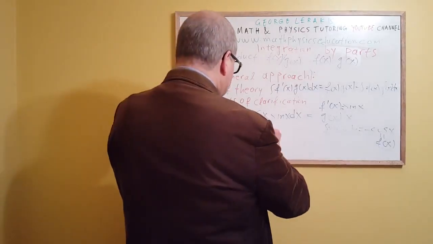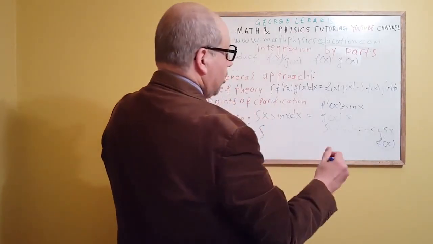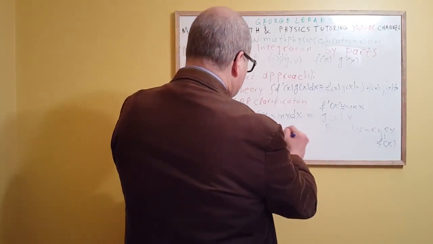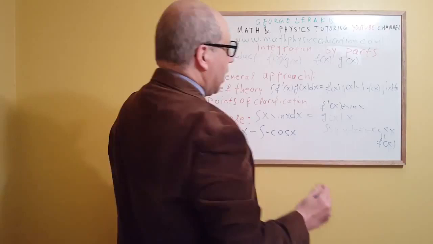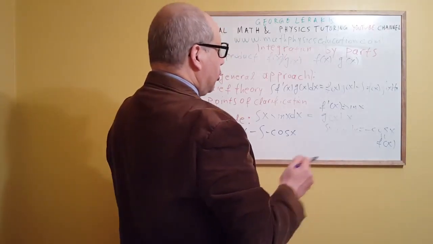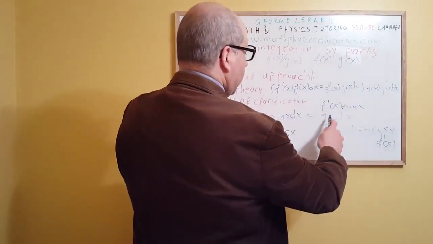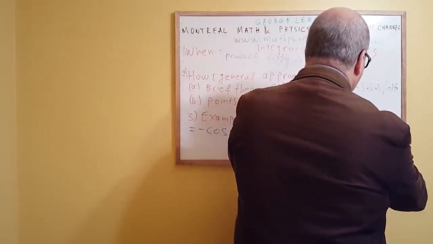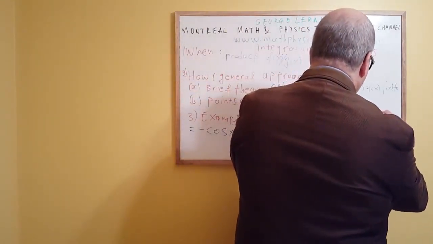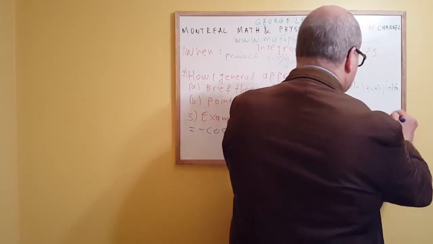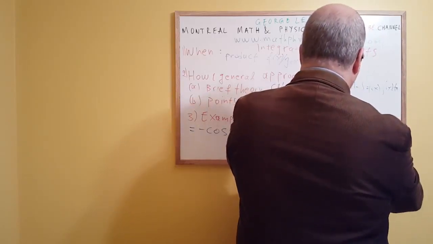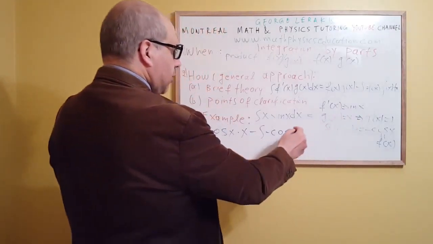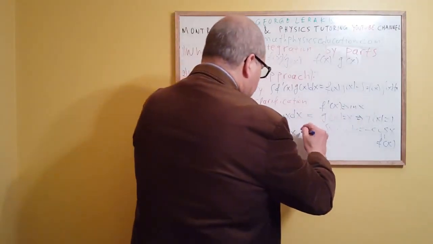So minus the integral of f of x, which we said is minus cos of x, times the derivative of g of x, g prime of x. The derivative of x is 1, so g prime of x is 1, and you don't even have to write it.